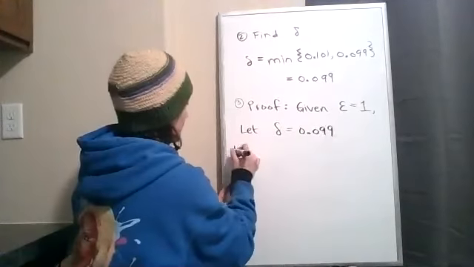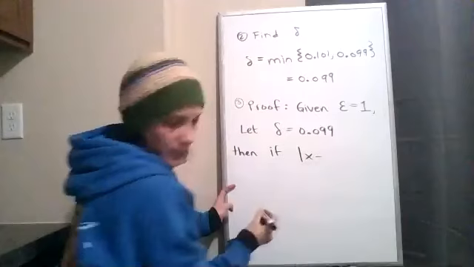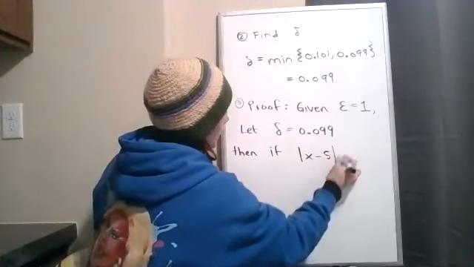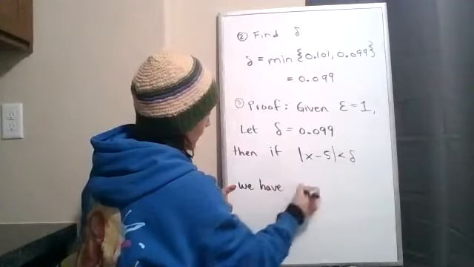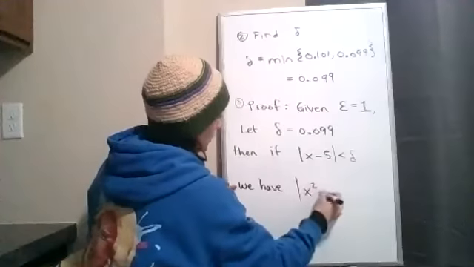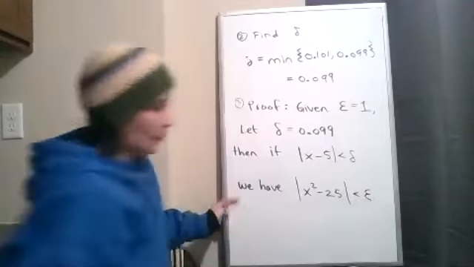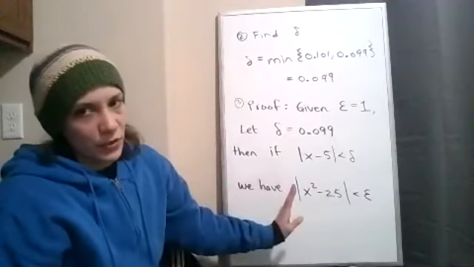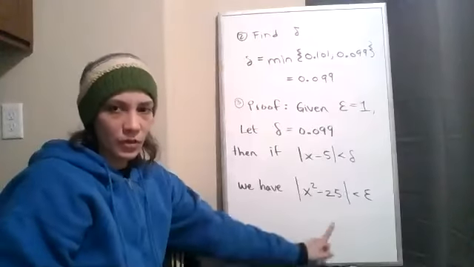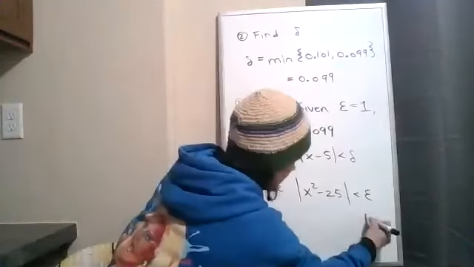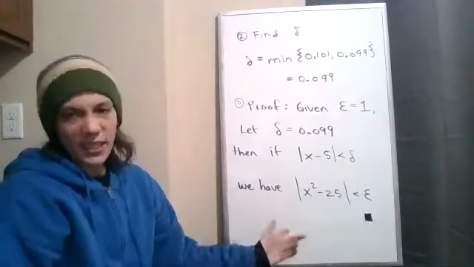Then the distance between x and 5 is less than delta, and the distance between x squared and 25 is less than epsilon. That's the end of the proof. Some people put QED for the end of a proof. Some people draw a little filled in square on the side. I think we'll try that.